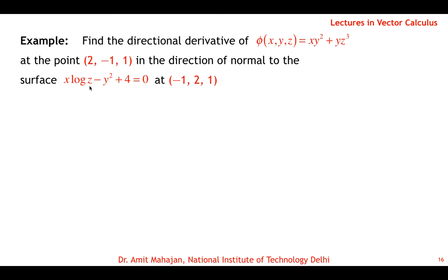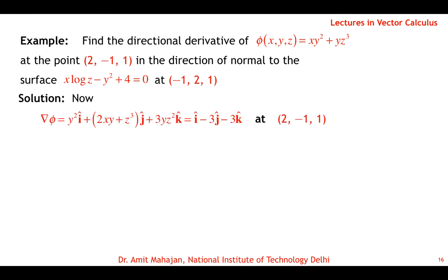And we know normal is always gradient. So the gradient of this at this point will be a vector. First we calculate the gradient of this surface. It's the same function, so we know this, and at 2, minus 1, 1 it will be this vector. So gradient phi is this vector at 2, minus 1, 1.